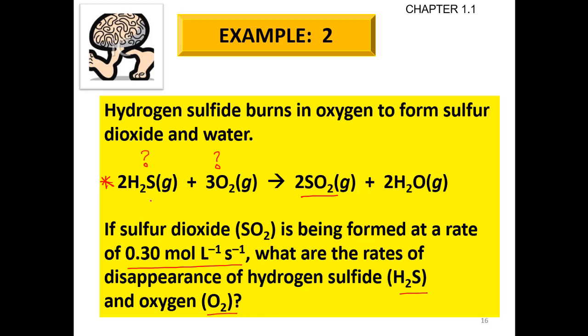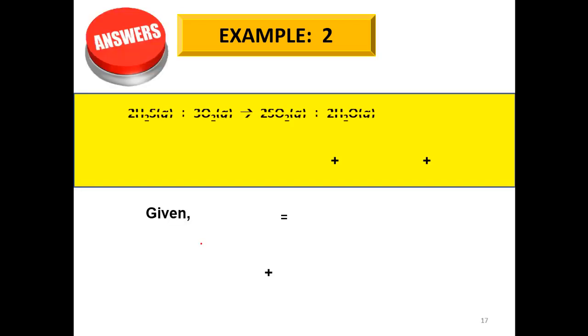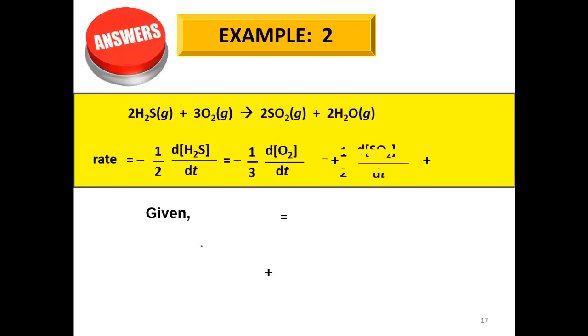So sekarang apa kita buat, kita tulis dulu differential rate equation untuk yang dah diberi. Maksudnya untuk sulfur dioxide ni dah diberi dah. So first what you can do, you boleh tulis dulu differential rate equation ni untuk semua reactant dan produk. Again the same thing, reactant kita letak negatif, kalau ada mole kat depan macam oksigen 3 mole akan jadi 1/3.